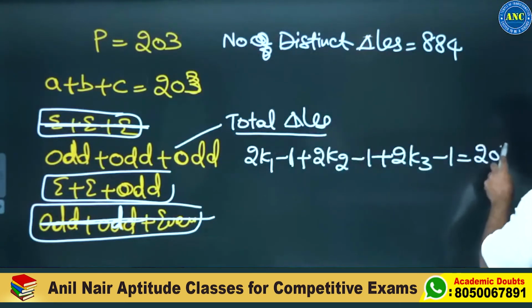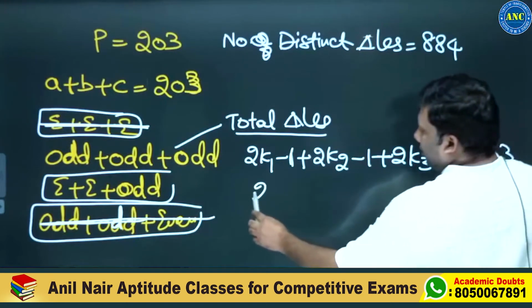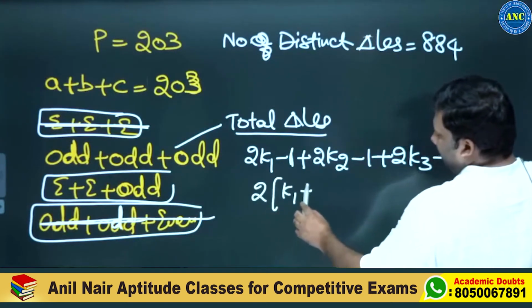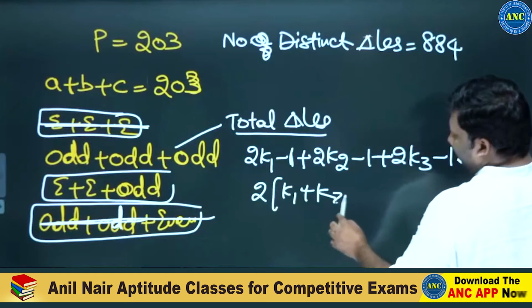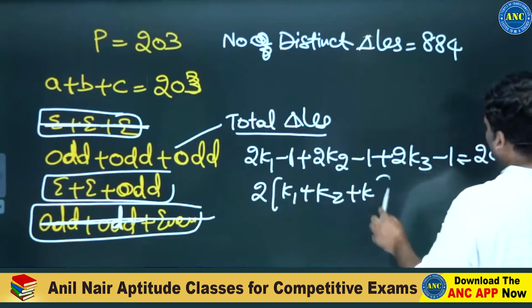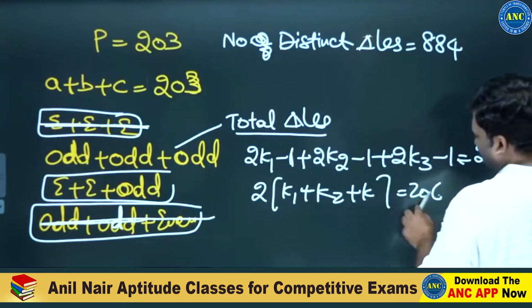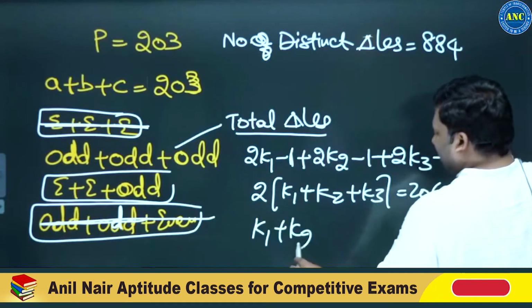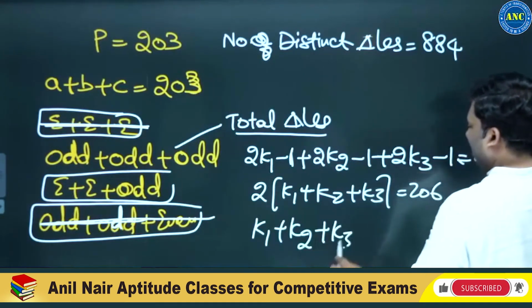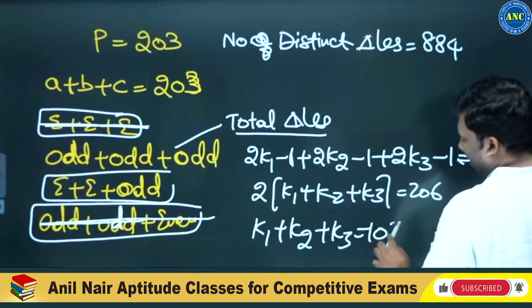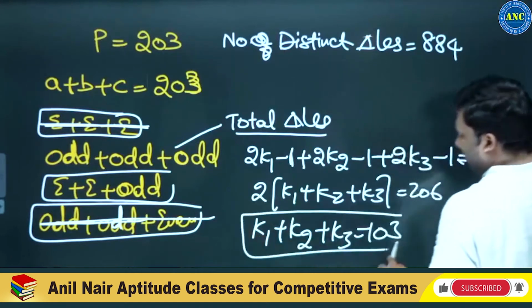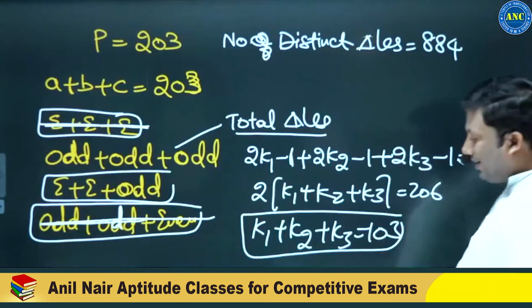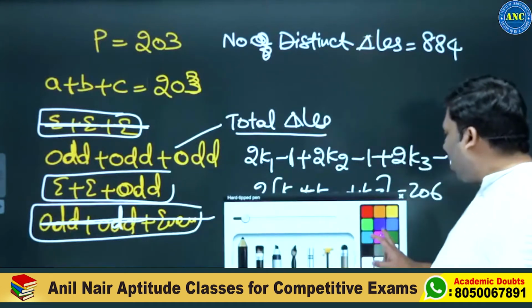Equivalent to 203. So this will be 2 into (k1 plus k2 plus k3) equivalent to 206. So here k1 plus k2 plus k3 is 103, an odd number.